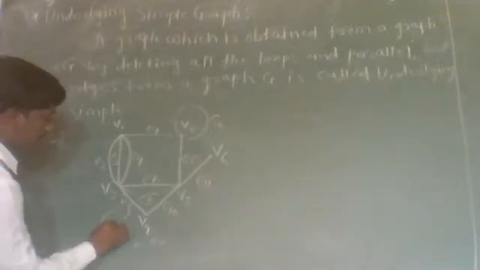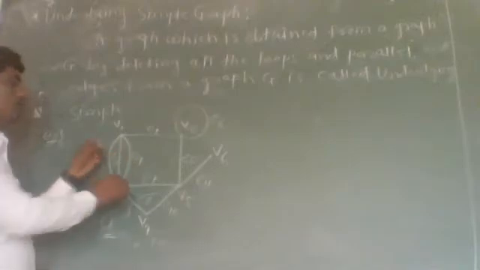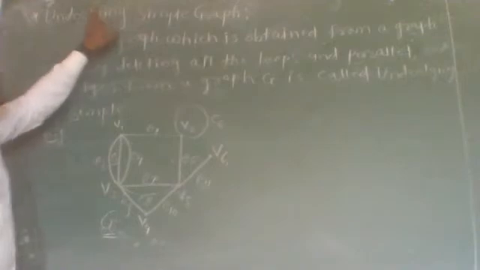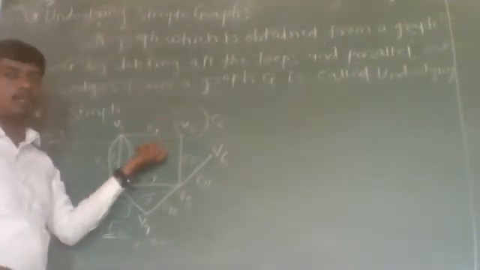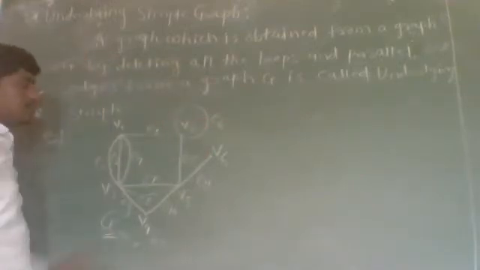This is the given graph G. Now we have to find out the underlying simple graph from this original graph G. By the definition of underlying simple graph, we have to remove all the loops and parallel edges from graph G. Then the obtained graph is nothing but our underlying simple graph.